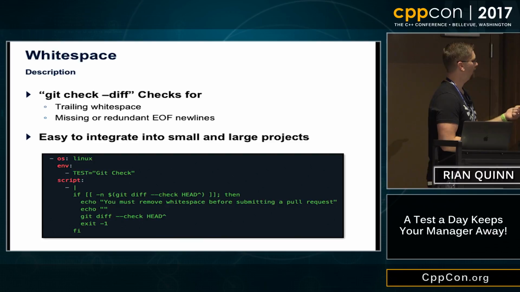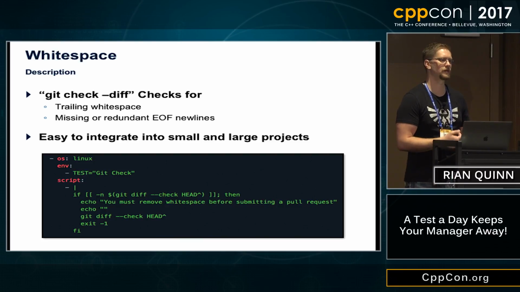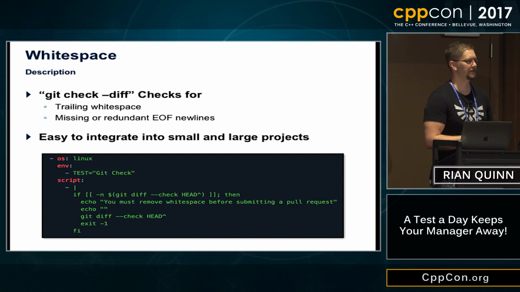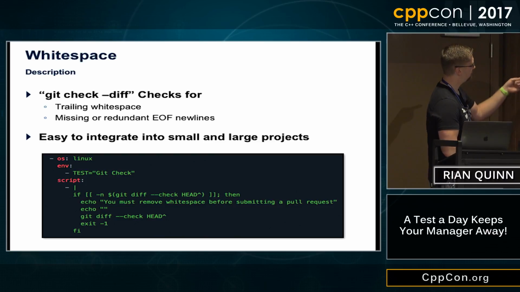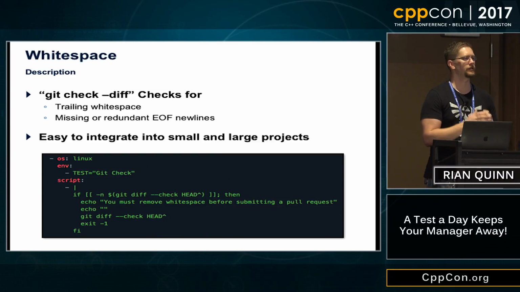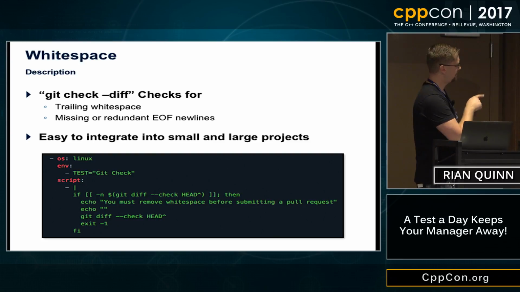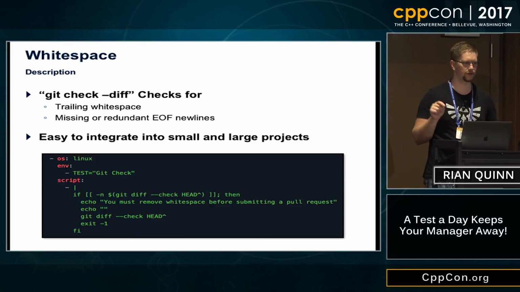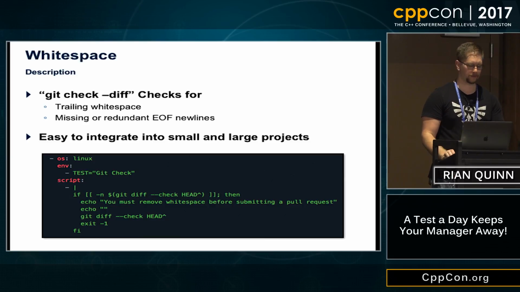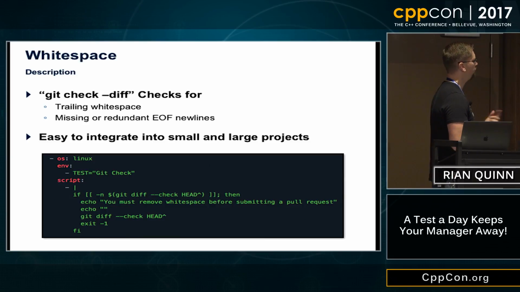We simply run this command, and if it outputs something, then we know that we've failed the test. If that happens, we tell the user, you failed the test, and then we actually run the command again so that they can see where in the actual patch they're failing, so where they actually added new lines and where they didn't. And then of course we exit. By doing the exit -1, Travis CI will fail the test and you'll get a nice big X.